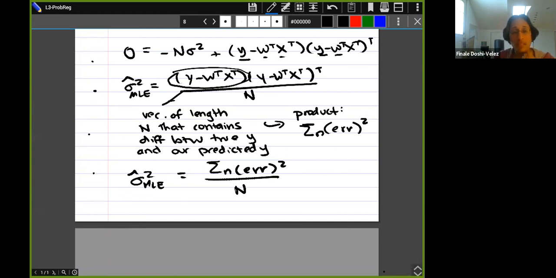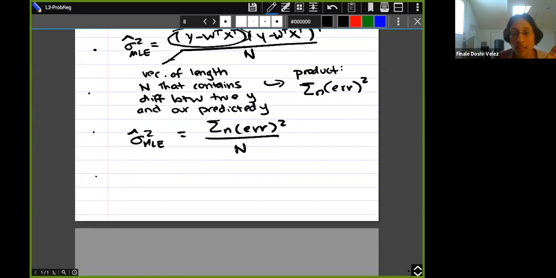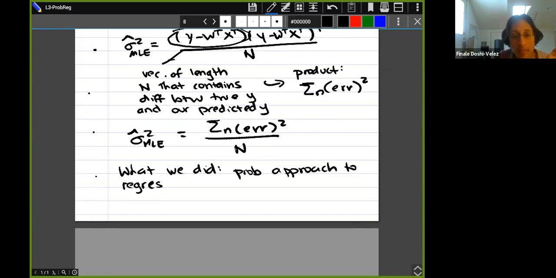Okay, so this is our derivation of the probabilistic approach, just as review, for a linear regression model. What we did was a probabilistic approach to regression, and it started off with a generative model.